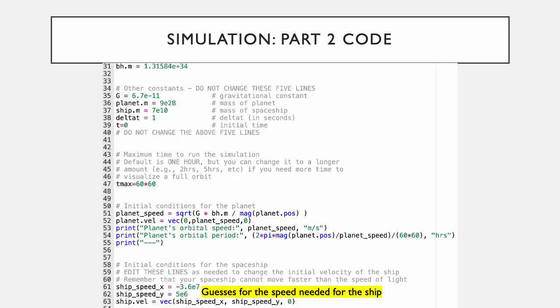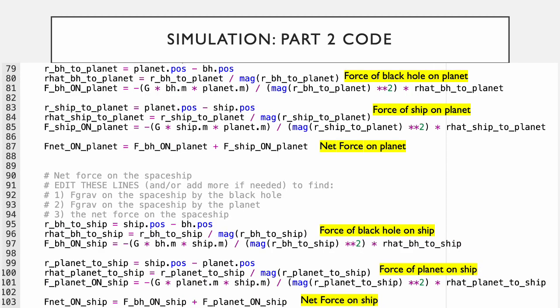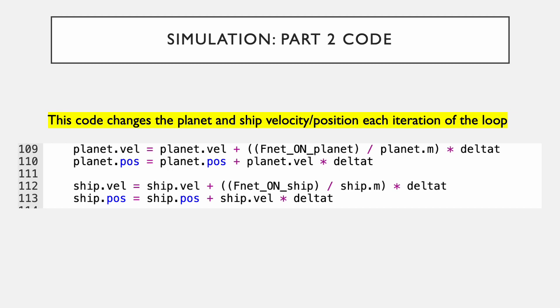So for part two, here's some of the initial stuff, and then down here you can see the speeds that I guessed, and they did a pretty decent job, as you'll see in a second. Up here you can see some more calculations of the net force on the planet and the ship, and then as you can see in this code, this changes the velocity and position of the planet and the ship.